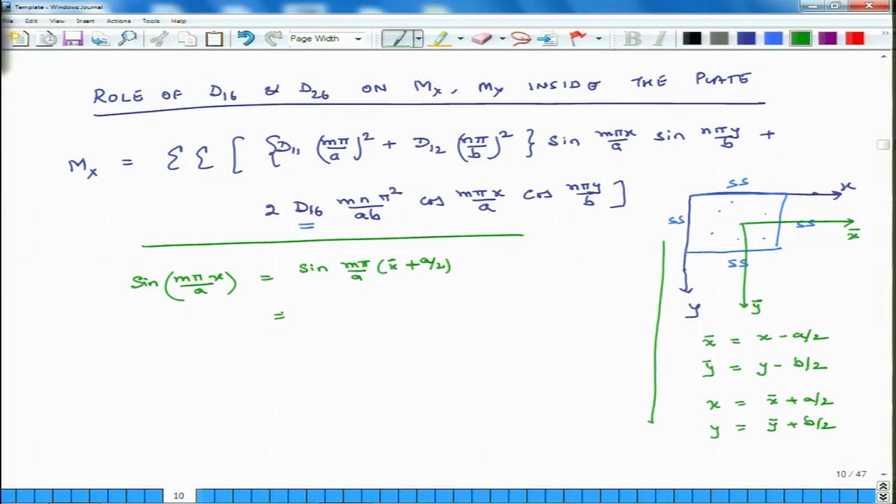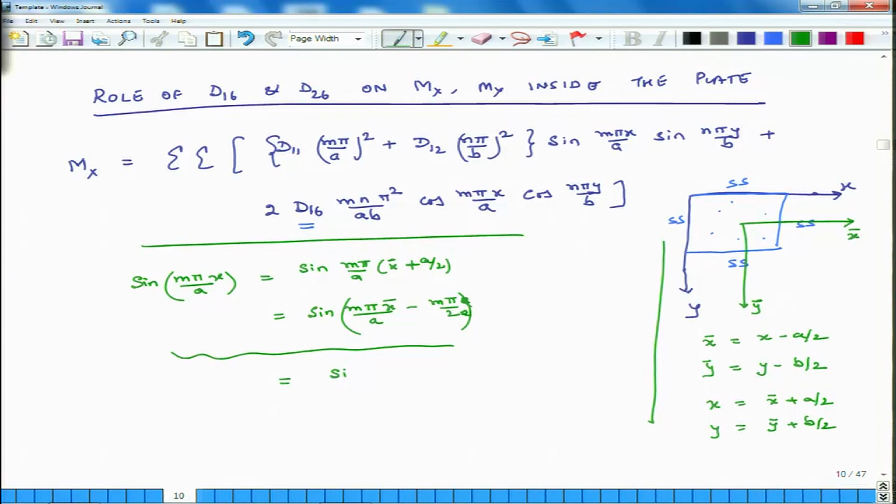And this becomes sine m pi x bar over a minus m pi a over 2 a. So a goes away. You can do all this and simplify it further.